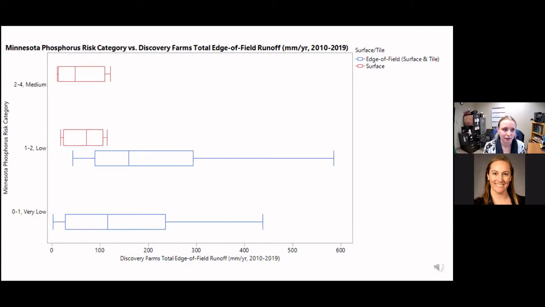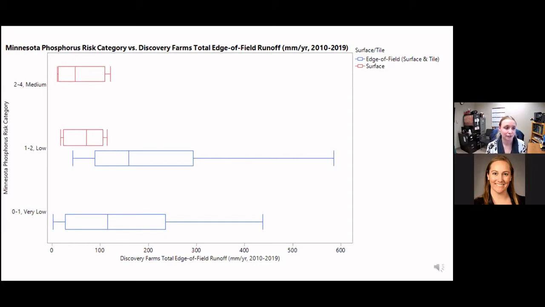However, some things will be curveballs here. So here's Minnesota phosphorus risk category graphed with Discovery Farms data, total edge of field runoff in millimeters per year, ranging from 2010 to 2019, so about 10 years of data here from all the data sets that we had, but similar trends were showing. And we see that the runoff is ranging here on the x-axis from 0 to 600 millimeters per year.